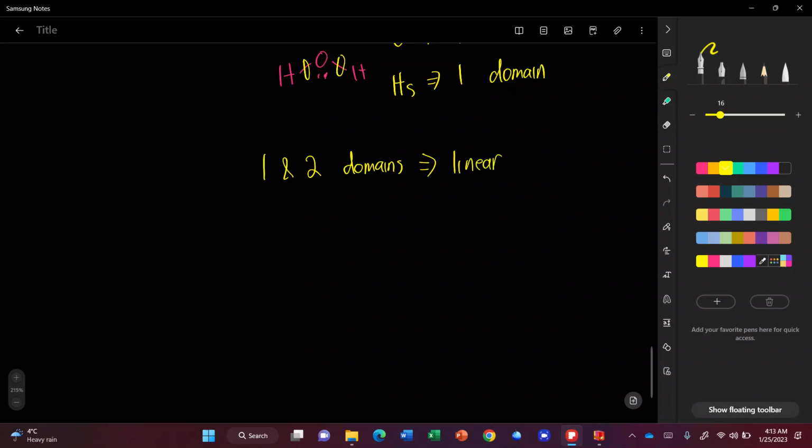Okay? Meaning the bond angle is a 180-degree bond angle. Alright? So for example, if I have this guy, which is a very powerful nucleophile, it's a cyanide molecule, that guy is linear, right? Because the carbon only has two domains, the nitrogen also only has two domains, okay?